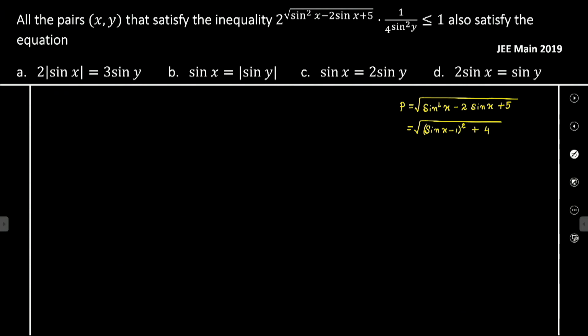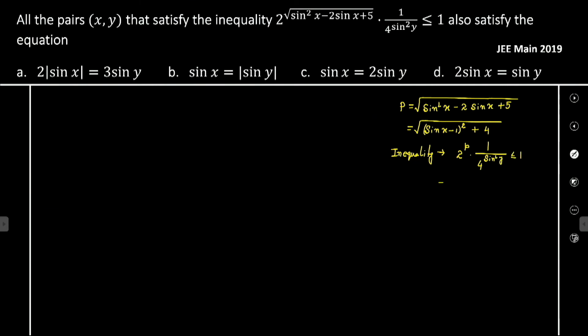And see that then the given inequality can be written in the form of 2 to the power of p multiplied by 1 by 4 to the power sine square y is less than equal to 1.